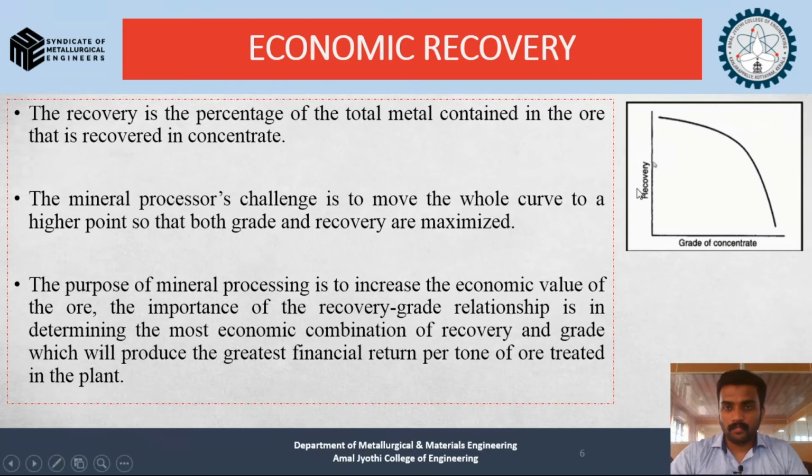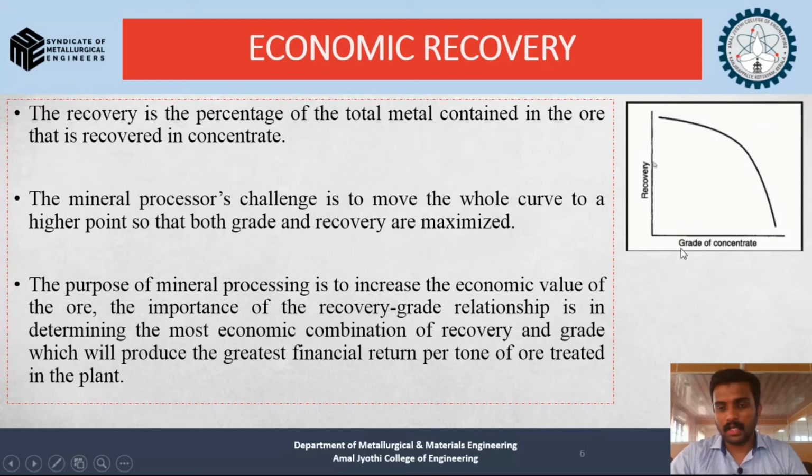So the valuable element, or the valuable metal, recovered in this particular concentrate is termed the recovery. Next we have a curve here, that is the recovery and the grade of concentrate. From this graph it is evident how the curve will form for recovery and the grade of concentrate. Grade of concentrate means the valuable mineral present in that particular concentrate and its amount.